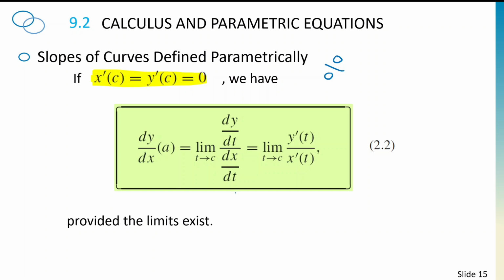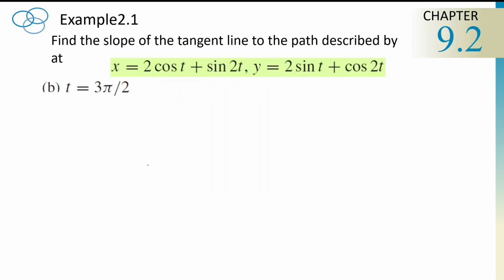Okay, so it's not at the exact c. We'll find it as t approaches c. Same thing, dy over dt divided by dx over dt, but we'll take it as a limit. And we'll see. If the limit exists, so that's it, we have the slope. If it does not exist, we'll talk about it in the next question.